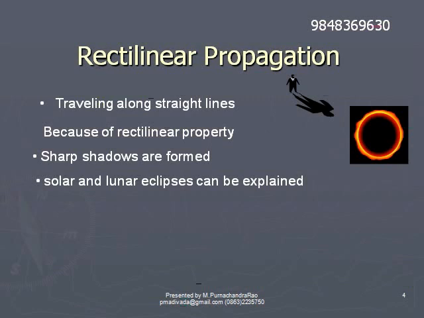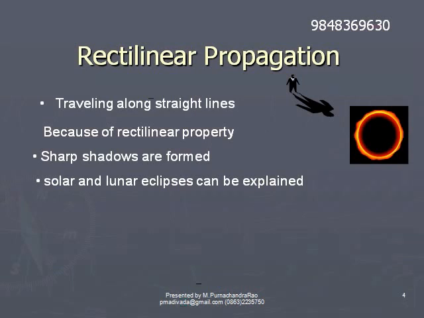That white ring represents the light coming from the sun. This eclipse is formed because of rectilinear propagation of light. When we assume light to be traveling along straight lines, we can explain this eclipse.